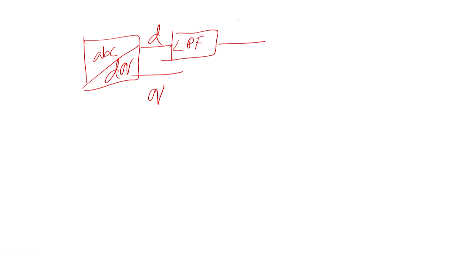From there you estimate the ID, which has an ID delta, and ultimately you get the ID bar, and that you subtract with the ID delta.